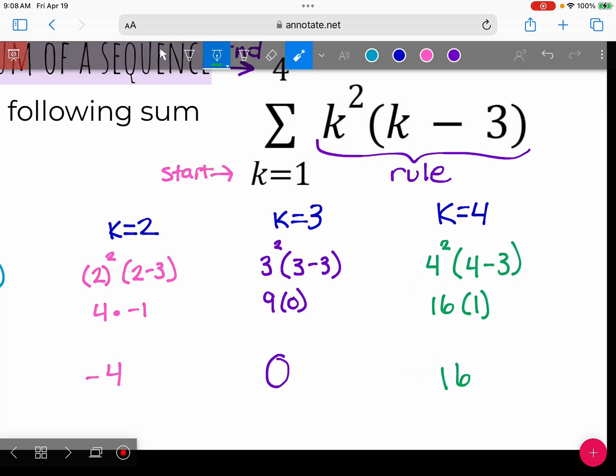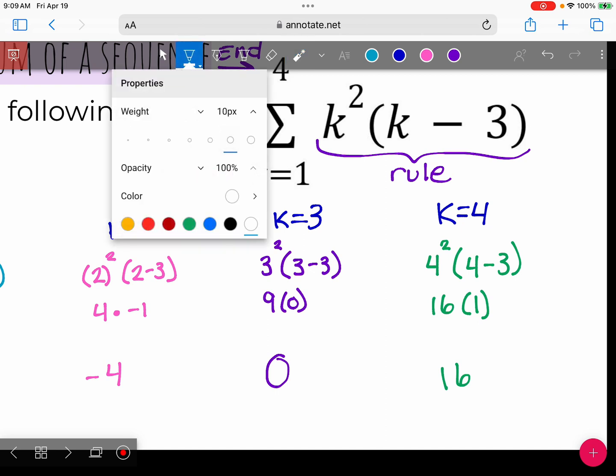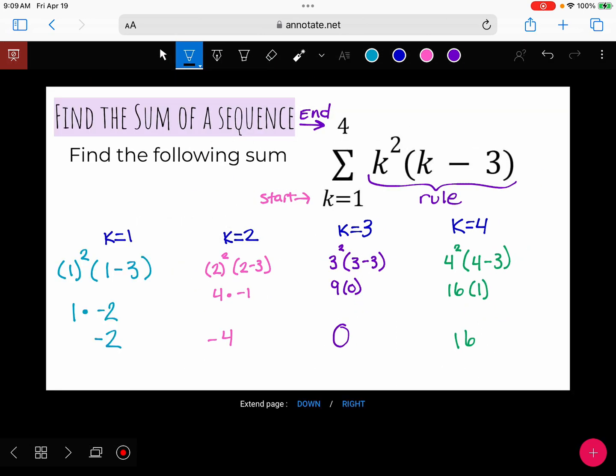What the sigma means we need to do is find the sum of these pieces. Sum is another math word for what operation? Addition. So we're going to take our k of 1 and add it to k of 2, add that to our k of 3, add that to k of 4. We're going to add together all of these pieces.